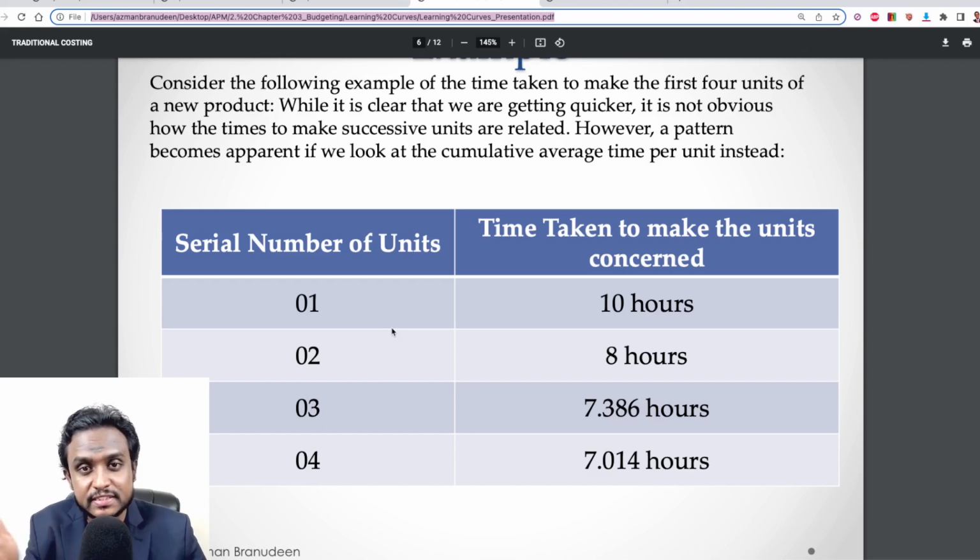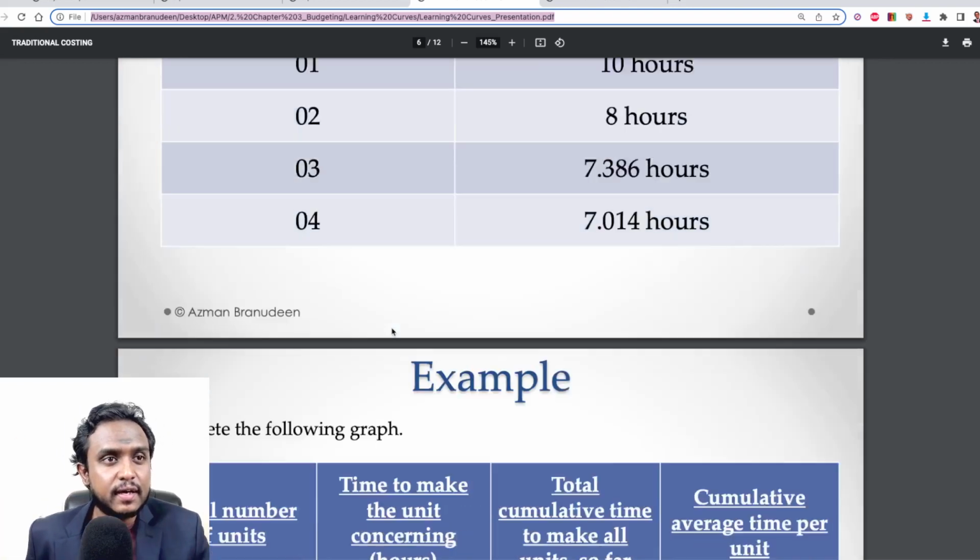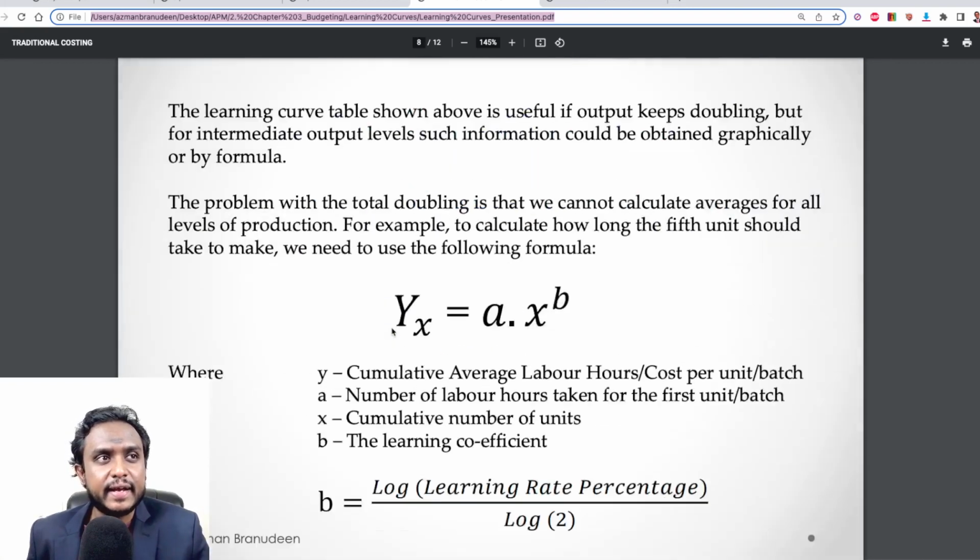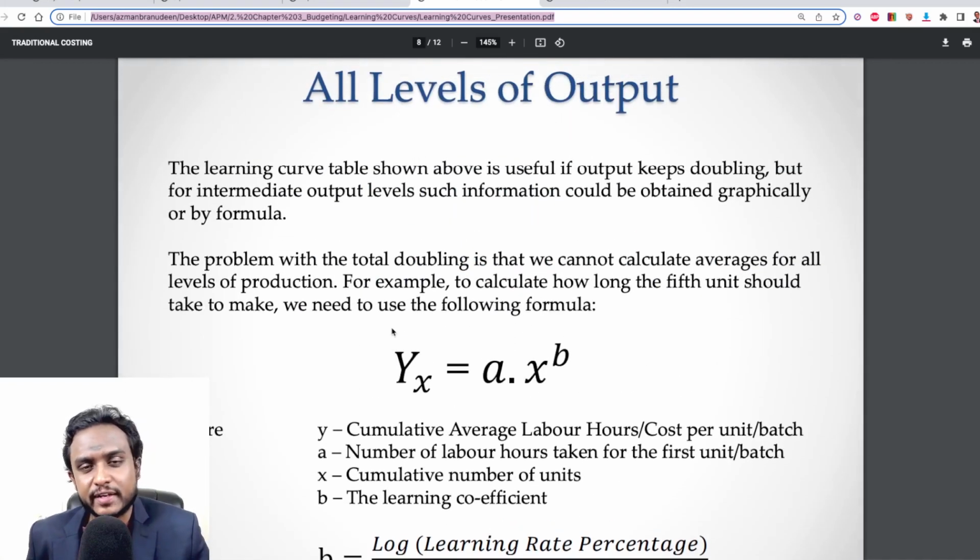So we say this person is learning at a rate of 20%. They are able to produce the second unit by using 80% of the time only. 20% has been learned and optimized. So this is the effect, and of course you can do it on a cumulative basis.